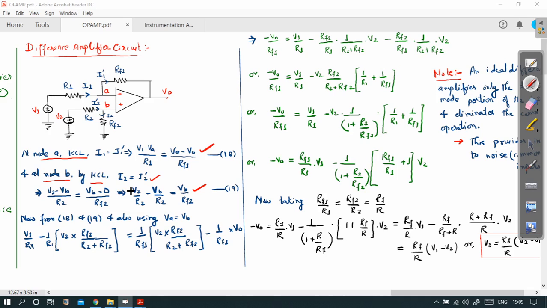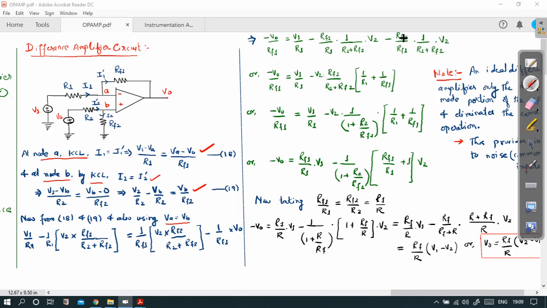So make VA equal to VB: find the equation for VA from here and the equation for VB from this equation, equate these two, and you will get this one.